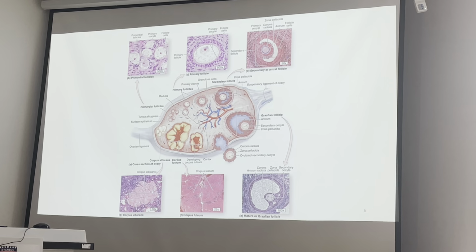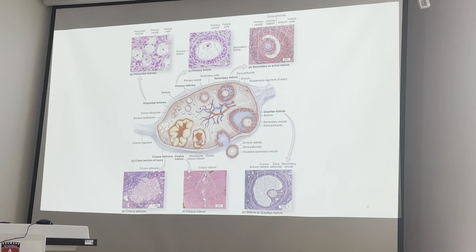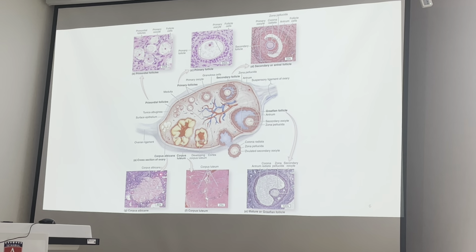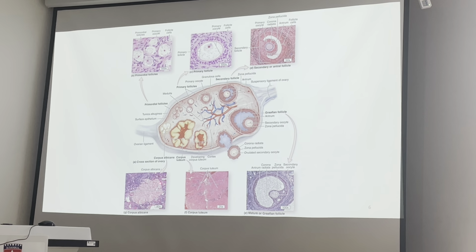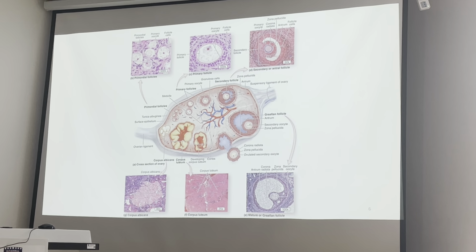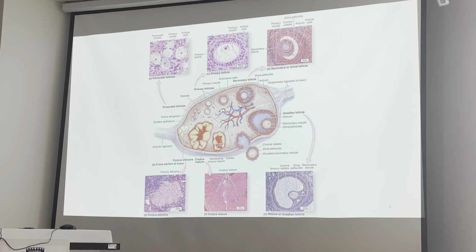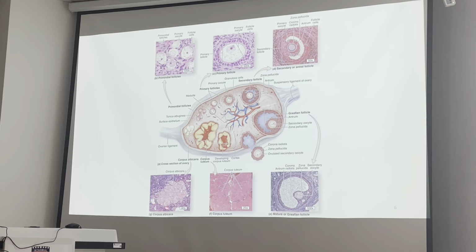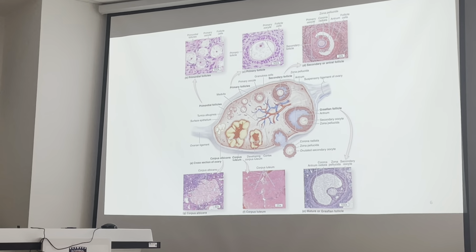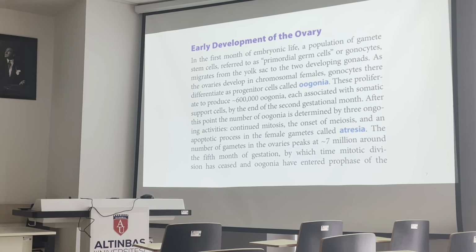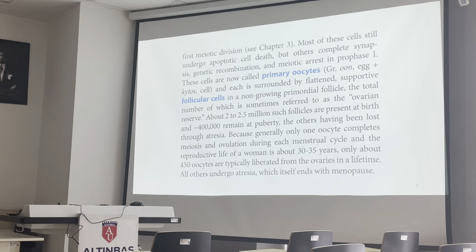And after that, the corpus luteum changes into the corpus albicans, filled with fibrillar tissue or fibrillar scar, and within some months it is going to disappear. Here you can see the corpus albicans.